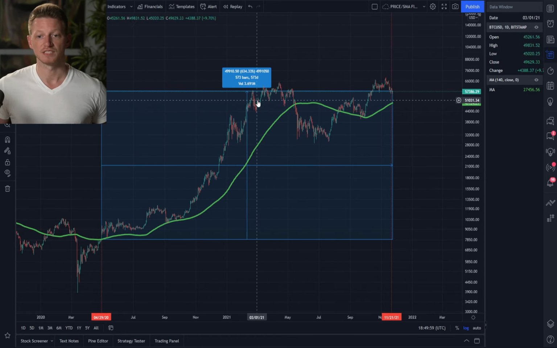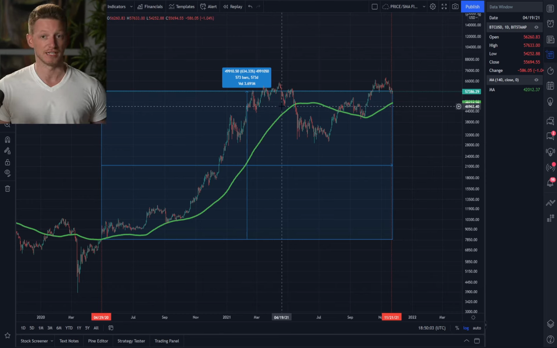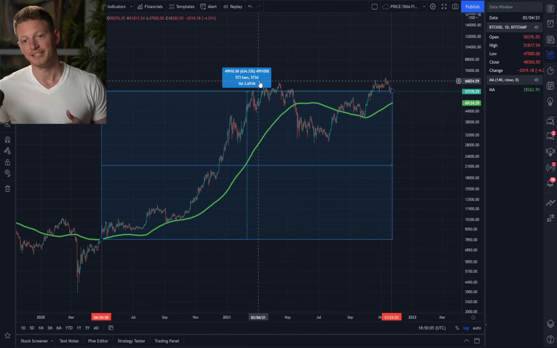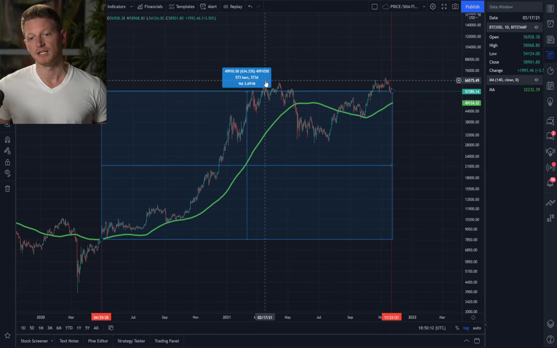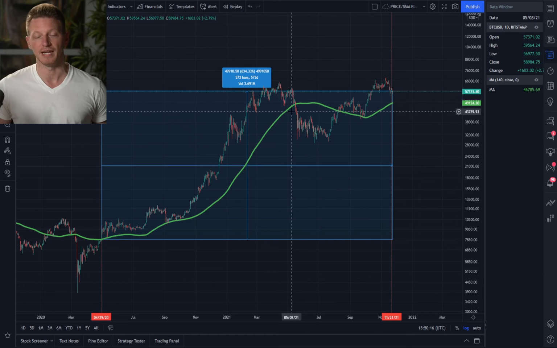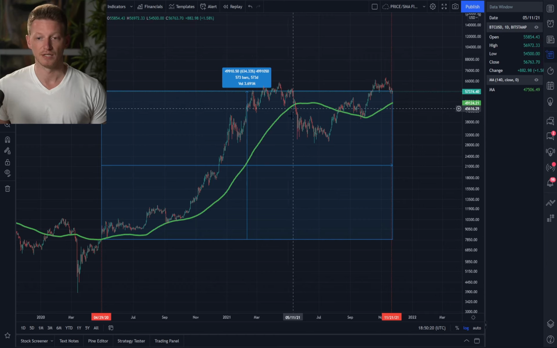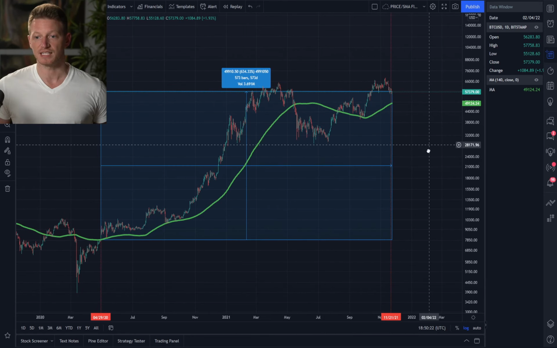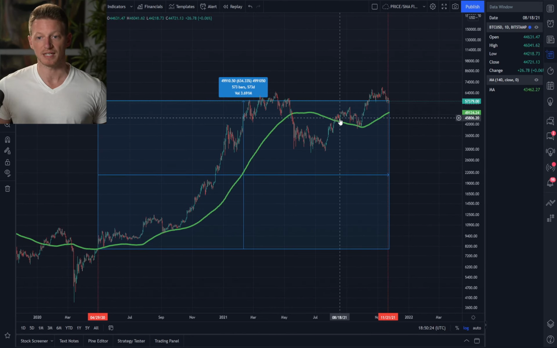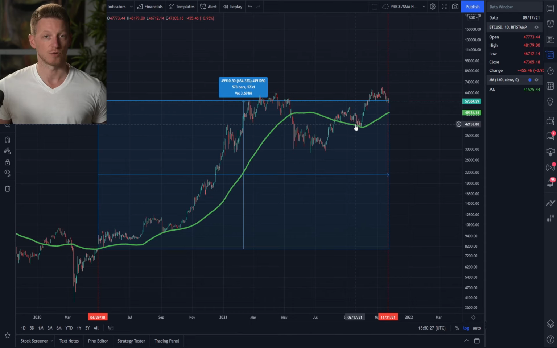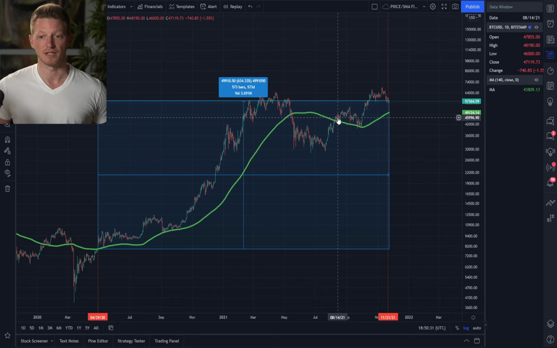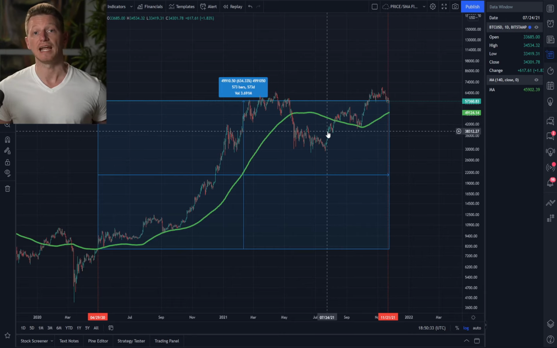We got above, stayed above, and got really far above, which isn't such a good thing typically for the market, because it's so bloated that it tends to lead to something like we saw in May, where when we finally come down to that 20-week, we crash right through it. That's fine in this case because we've been able to get back above and have held the 20-week as support back in September. We actually did it multiple times, in August and September.